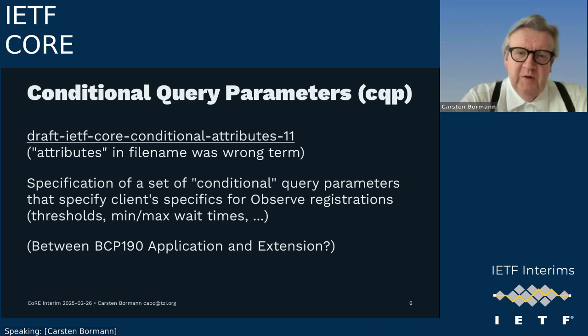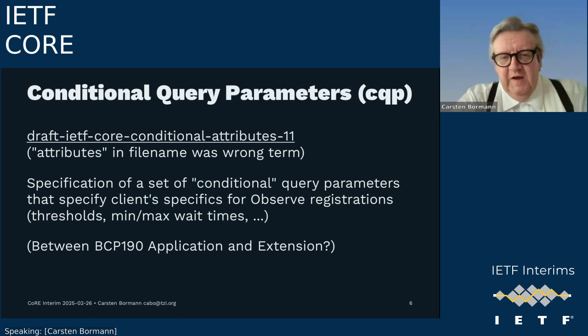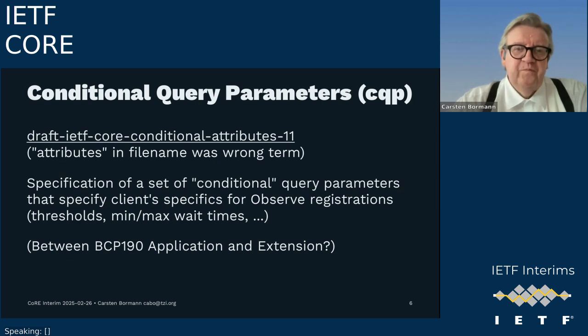It's an extension because it's widely applicable to any applications that use observe. But also it's an application because it has some rather application-specific semantics. So things that I wouldn't necessarily be particularly comfortable with putting into an option. So that's one thing we have to make up our minds of, which of these two is it.